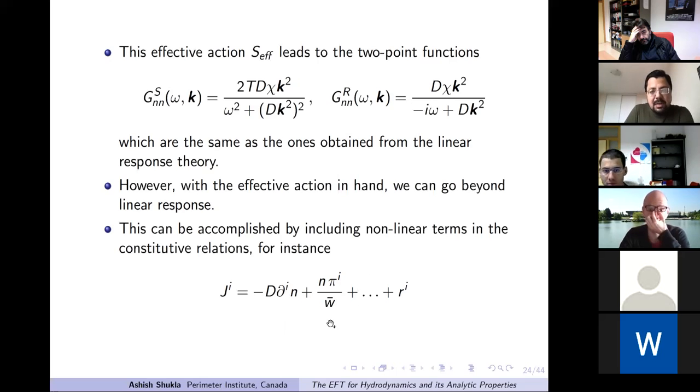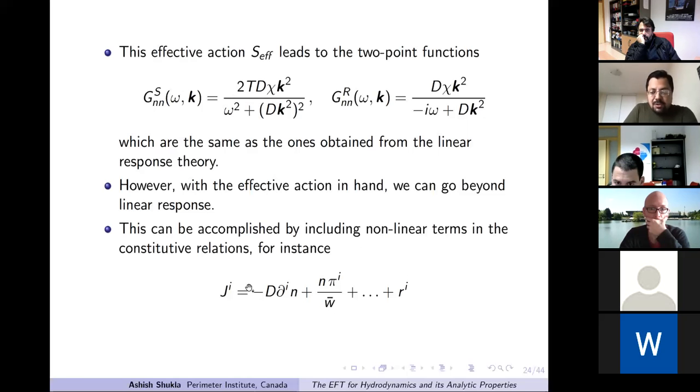For example, I have included one term here, which is proportional to the product of n times pi_i by w bar, where pi_i are your momentum density fluctuations. Similarly, you can include higher non-linear terms like cubic, quartic, up to whatever order you are interested in, in the constitutive relation, and at the end, add this short-range correlated noise field R_i.